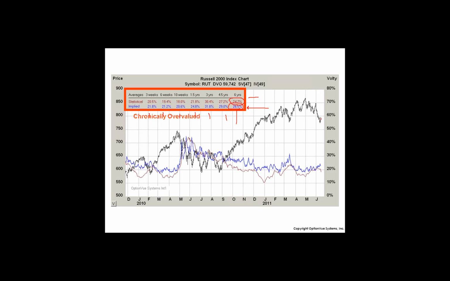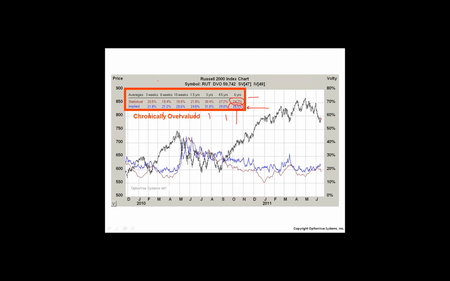And we would label these then chronically overvalued options. There is something inherent about this options market that makes the options chronically overvalued. And this is very important when you go to sell premium neutrally, because just by simply doing the Russell, you now have an inherent volatility edge.